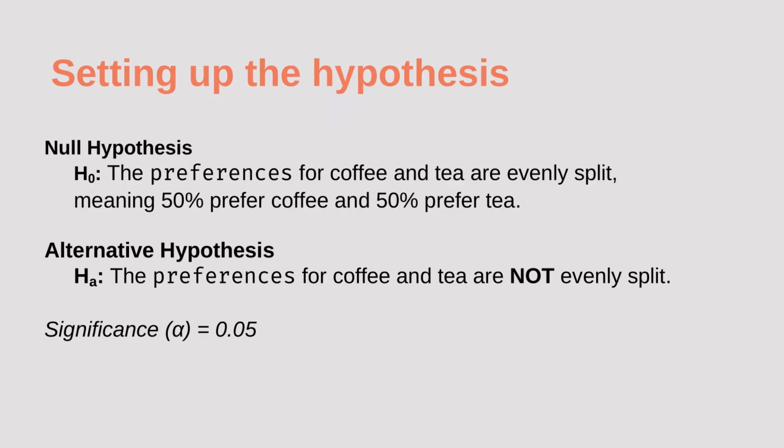The null hypothesis H0 states that the preferences for coffee and tea are evenly split, meaning 50% prefer coffee and 50% prefer tea. The alternative hypothesis HA states that the preferences for coffee and tea are not evenly split. We also set the significance level, or alpha, to 0.05.